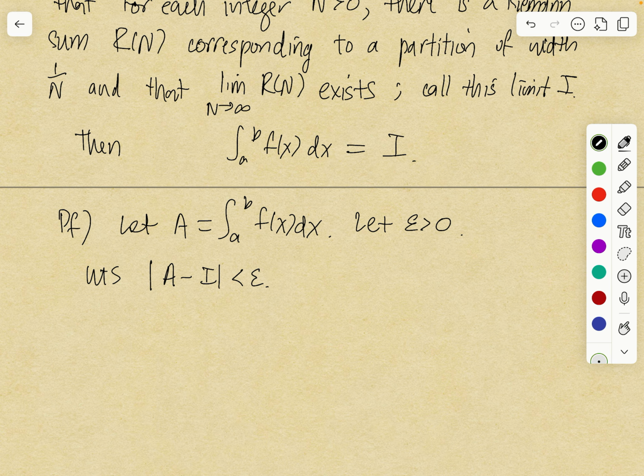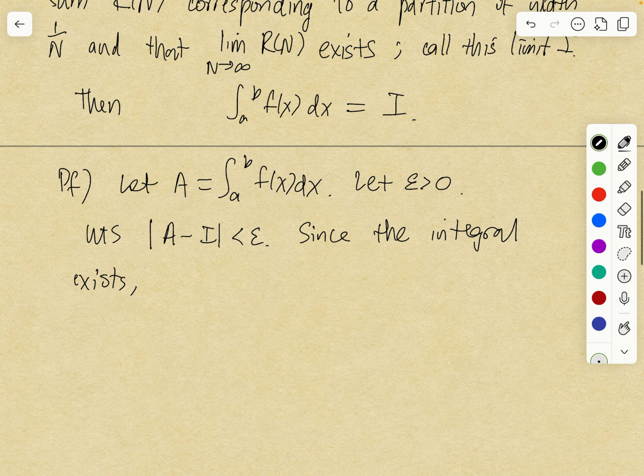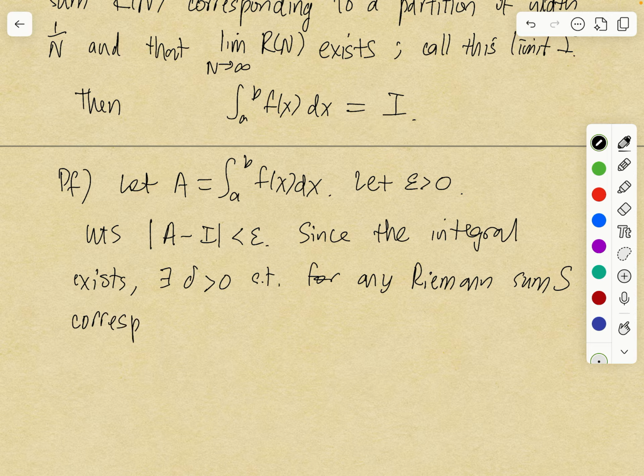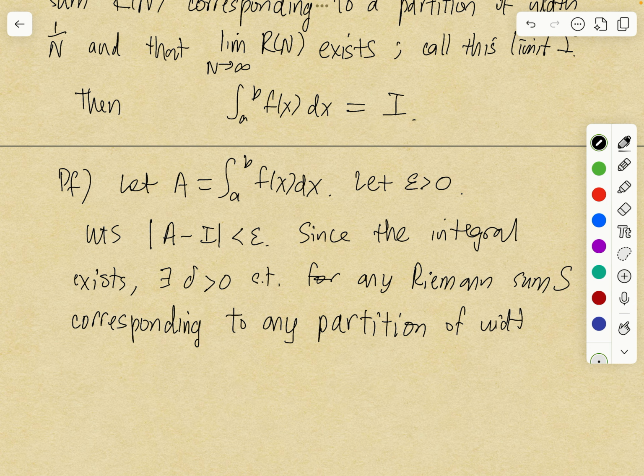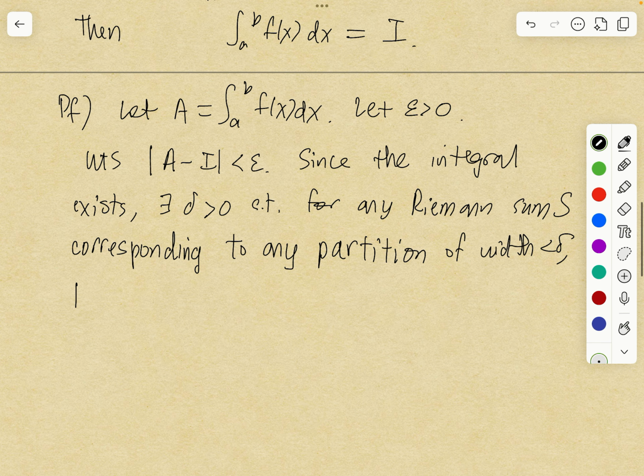So by the definition of Riemann integrability, since the integral exists, there exists some delta greater than 0, such that for any Riemann sum S corresponding to any partition of width less than delta, then the absolute value of a minus S is less than epsilon over 2.